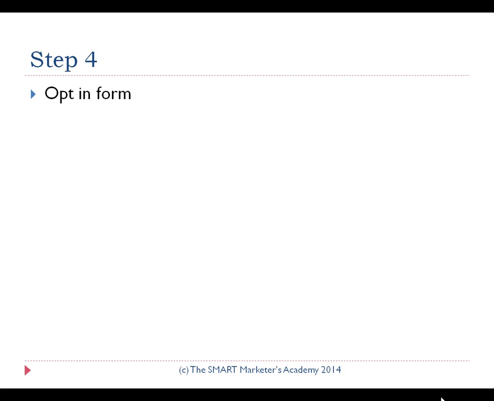Now, your opt-in form is the way through which people join your list. So you have a list which you're trying to build. You've created a name for your list. Let's say it might be a newsletter, maybe the Smart Marketers newsletter. And what you need is to have a form that would allow people to join that list.